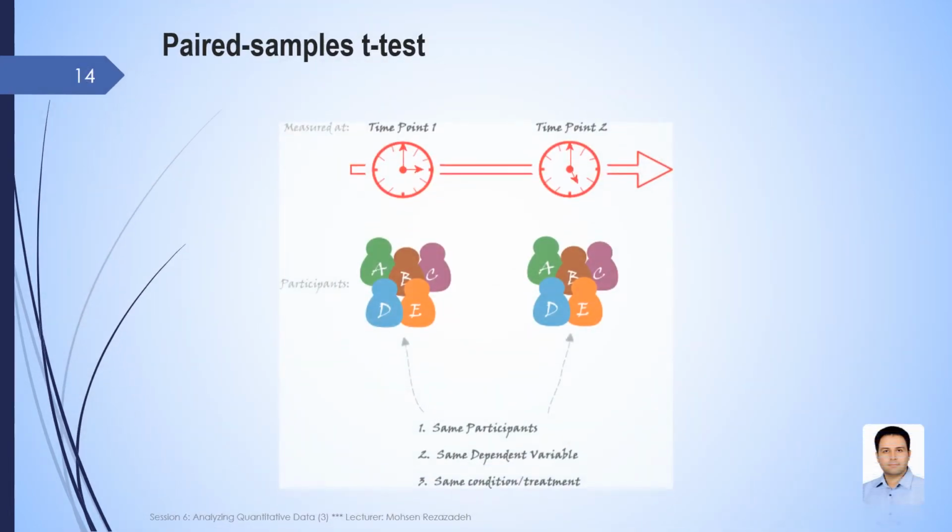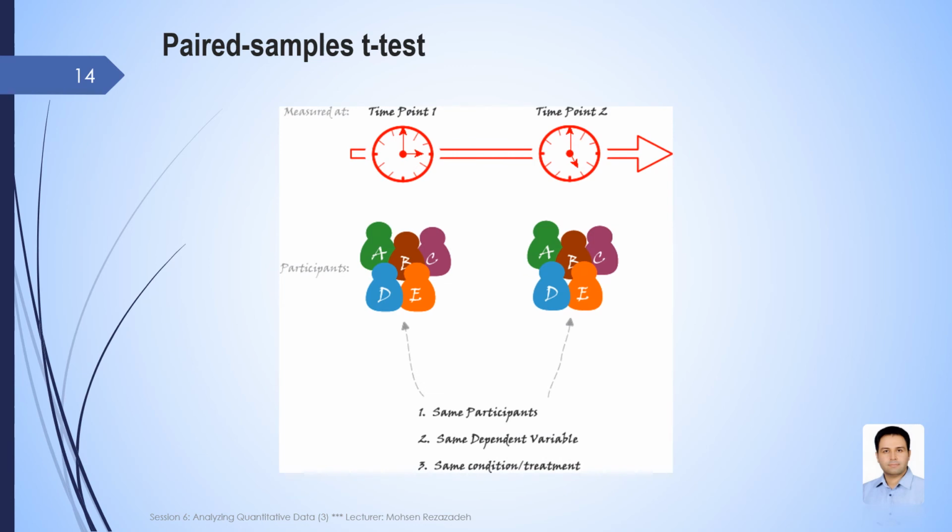In this figure, you can see a general schematic of the situation in which you use paired samples t-test. We have two times, time 1 and time 2. We have the same participants, they are in the same group, A, B, C, D, E, and A, B, C, D, E. So we have the same participants.